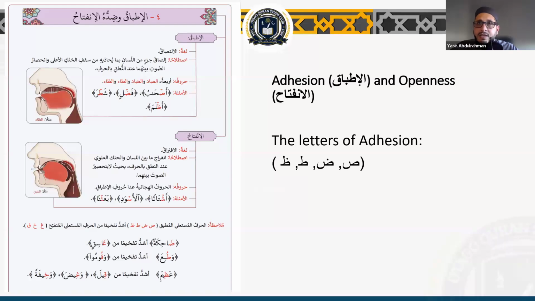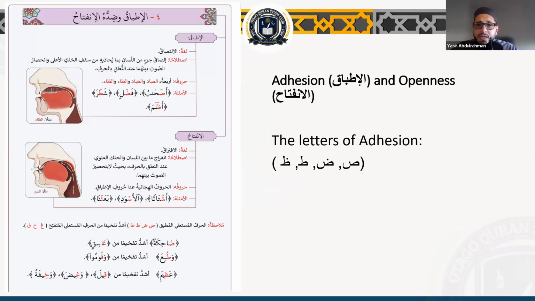These 4 letters are the sad, the dad, ta and dha. We call them huruf al-itbaq because the sound gets trapped or confined between the tongue and the upper palate. All of the other letters, the sound is not trapped in that area.